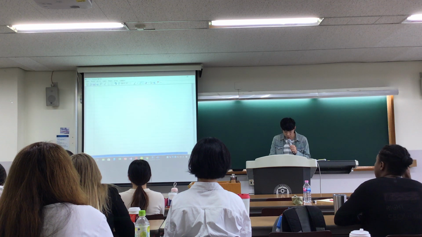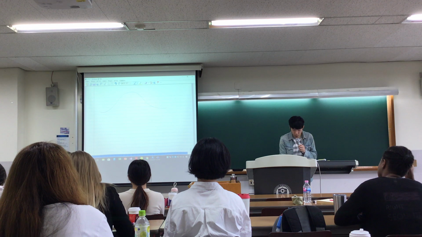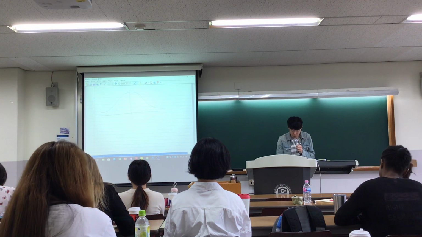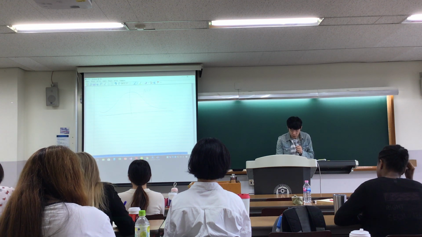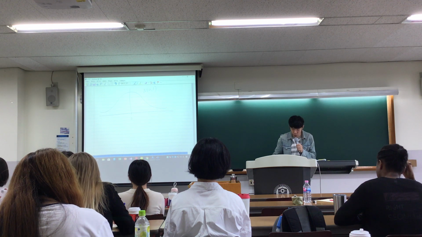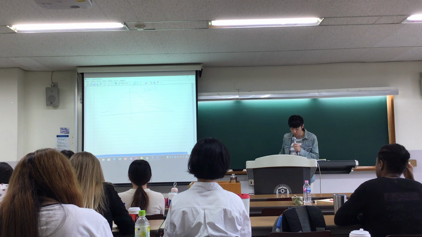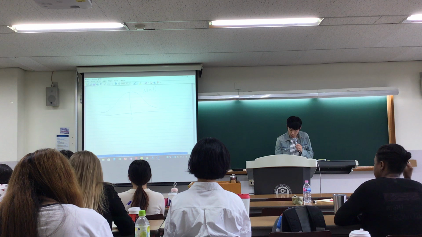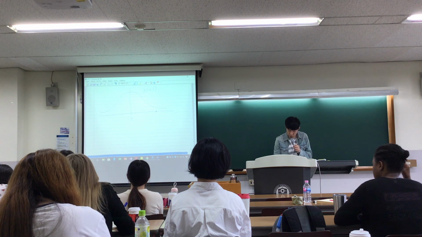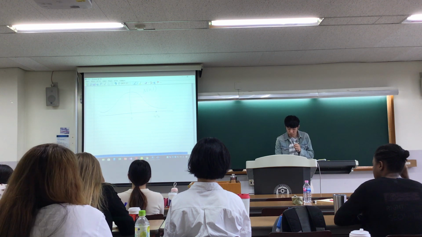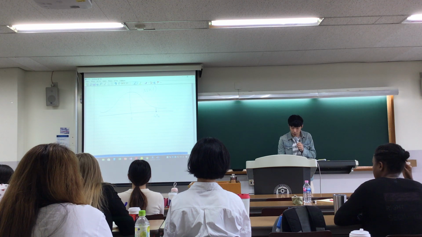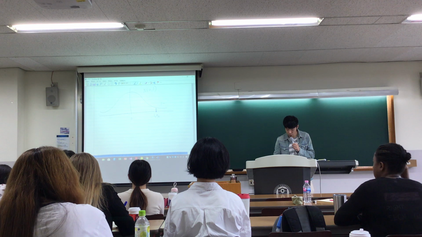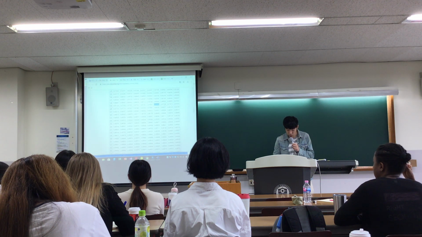If I draw this, what's happening is that I have a standard normal, mean 0, variance 1, so standard deviation 1, and I plot 1.96.